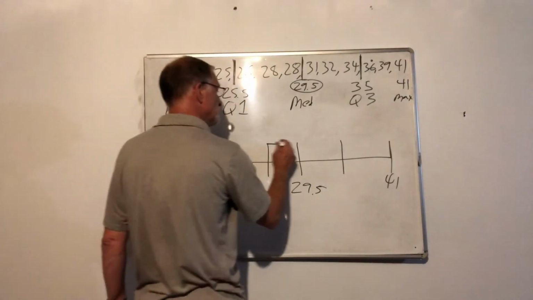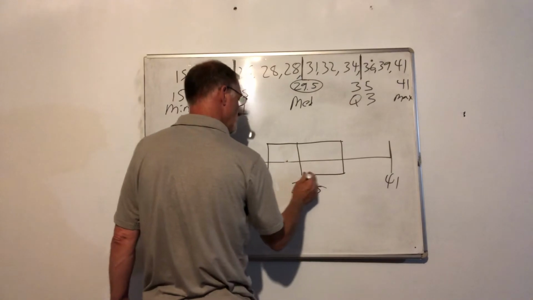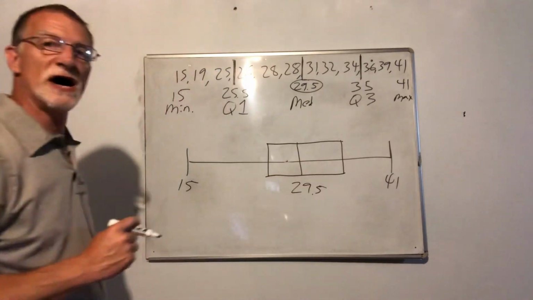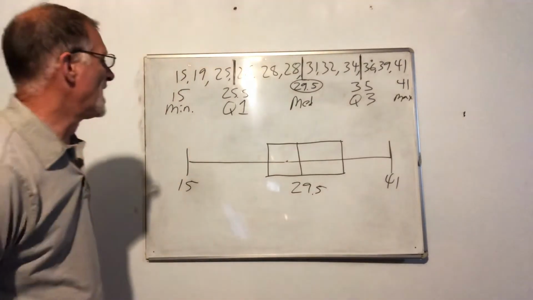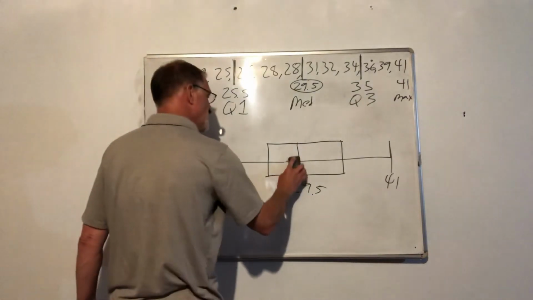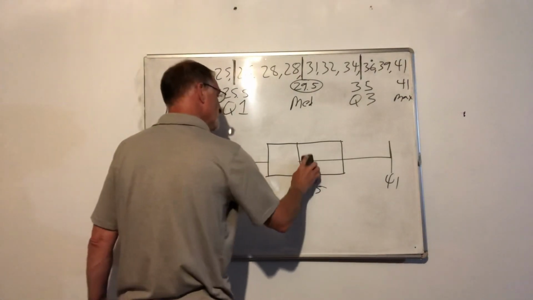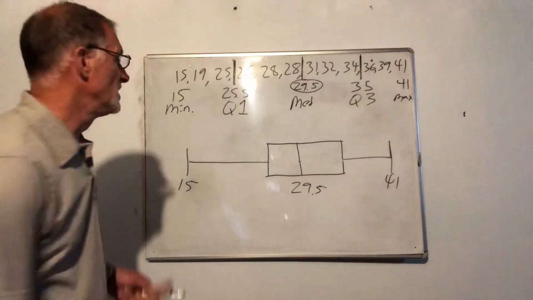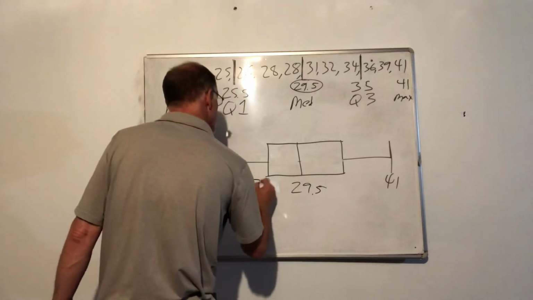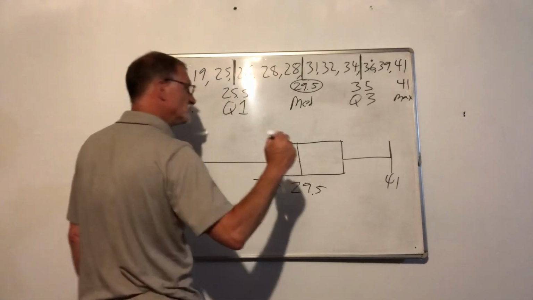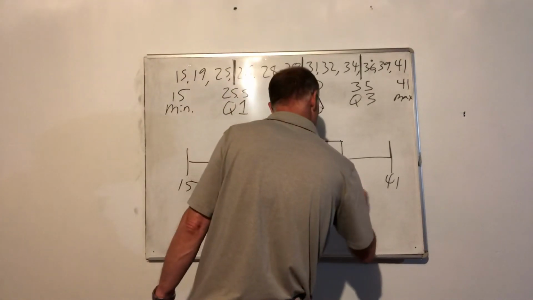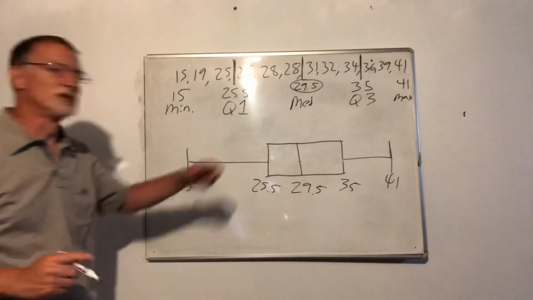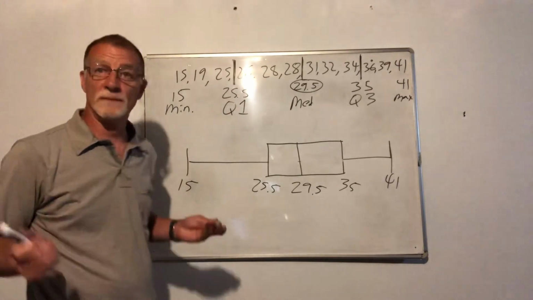The box covers quartile 1 through quartile 3. I honestly don't care about the line in the middle, but some people like to remove it, so I will do that. So there's your box. Here's your Q1 number, 25.5. Here's your Q3 number, 35. So this is your box plot, or box and whisker plot.